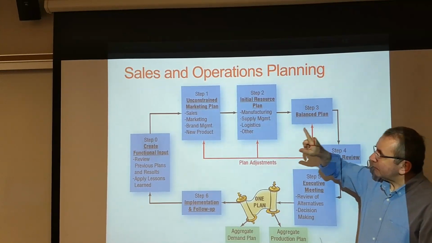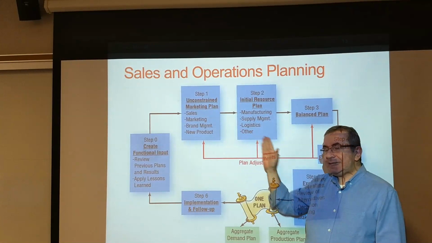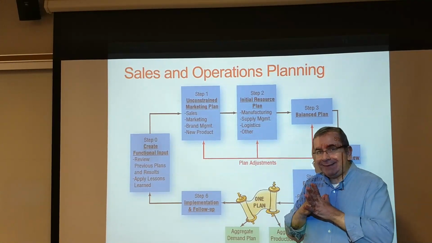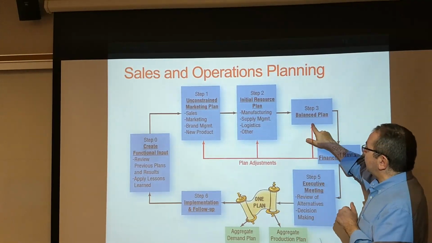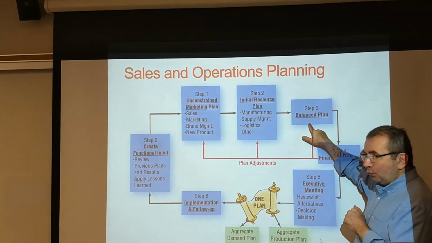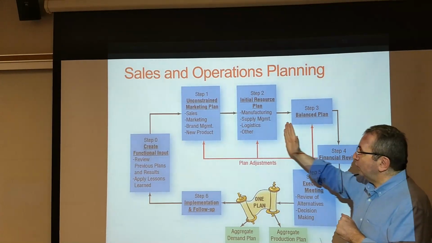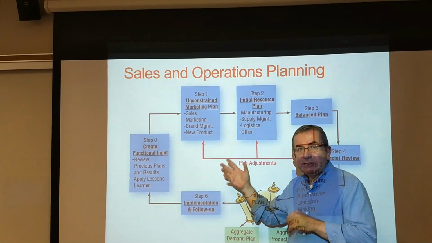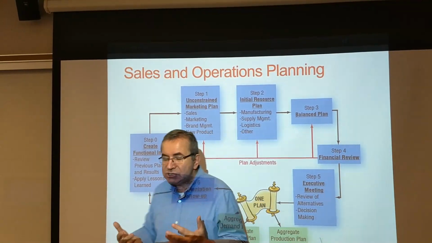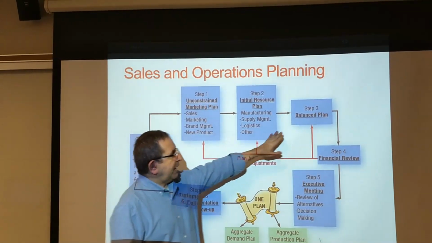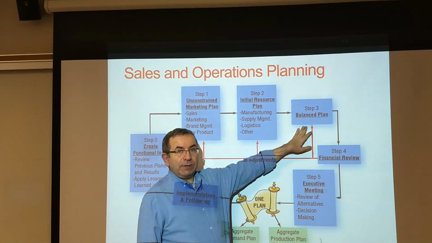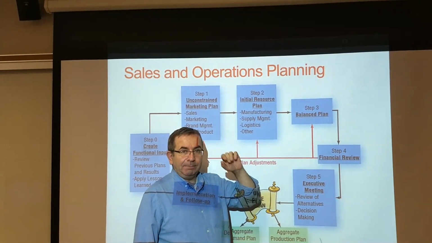Okay? So sales department and operations department work together to come up with a consensus forecast on which they can both agree. So how can we reconcile these two conflicting forecasts? They come up with a balanced plan.